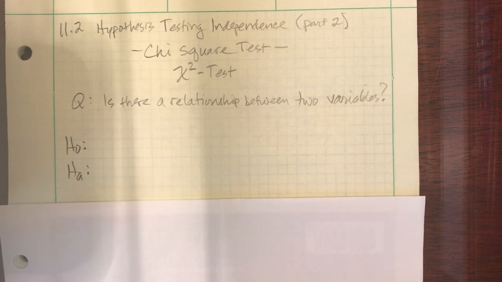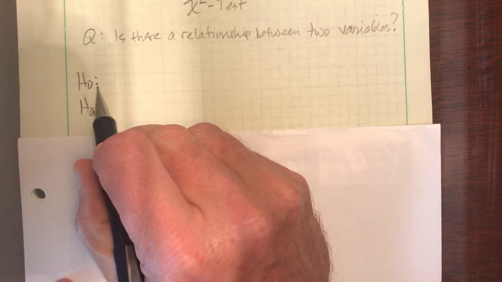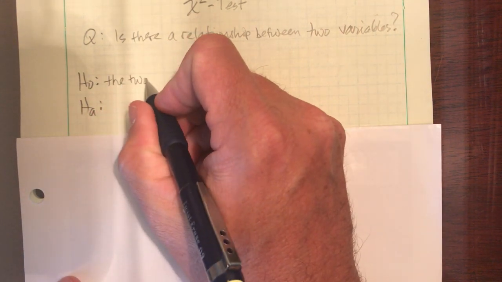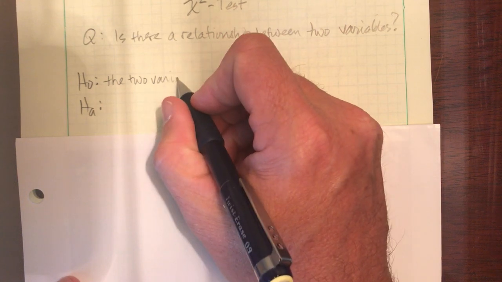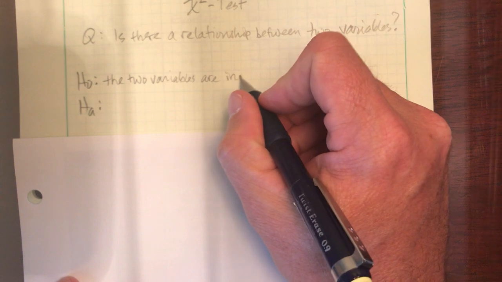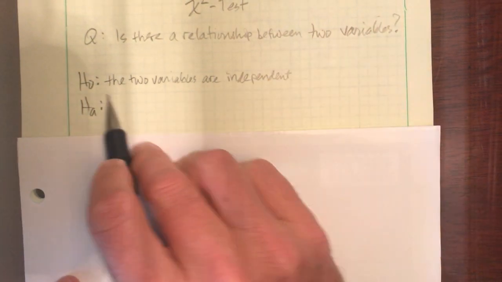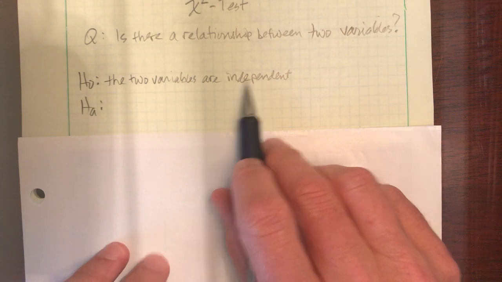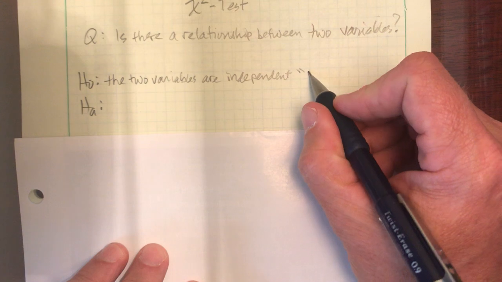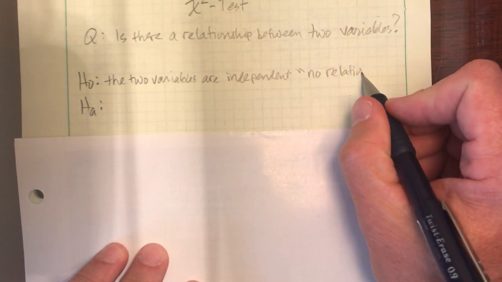So here's what the null and alternative will always look like for every chi-square test. In general, it will sound something like this: the two variables are independent. That's always the null. What does it mean for two variables to be independent? Another way to think of what that means is that they have no relationship.